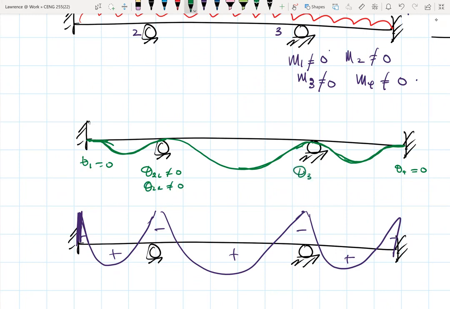Theta at 3 on the left side, so this is theta 3 left, and this is theta 3 right, which will not be equal to 0. Here's theta 2 right, and here's theta 2 left, if I draw a tangent at this point.